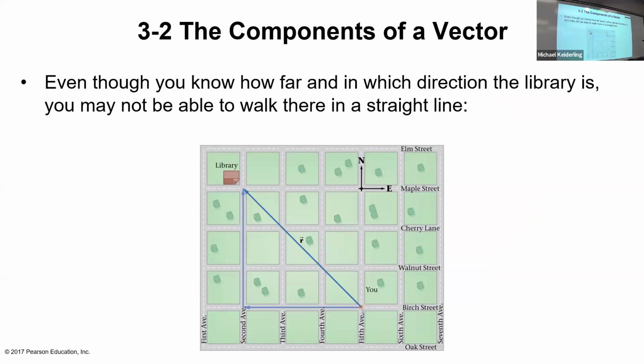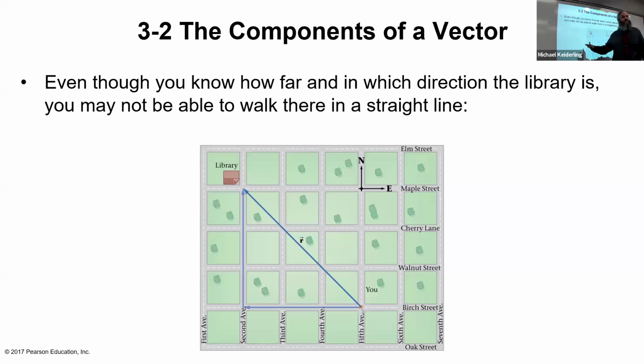And it might be that you can't go to the library in a straight line. Say you live in a city like Chicago and everything is on a grid. So you might have to go some direction along one axis and some direction along the other.